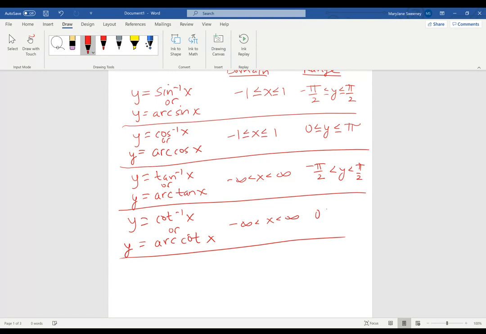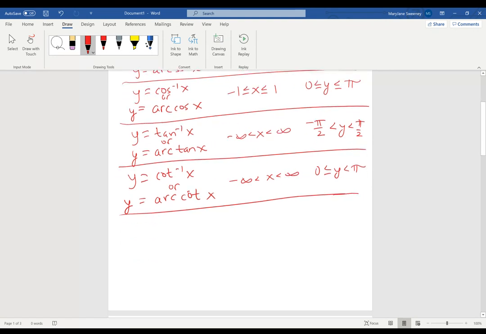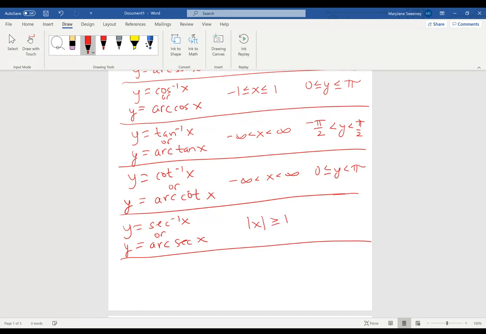The y's, though, will be between 0 and pi, counting 0, not counting pi. Inverse sec x, which of course is the same as arc sec of x: the absolute value of x, they say, is greater than or equal to 1. This will be between 0 and pi.